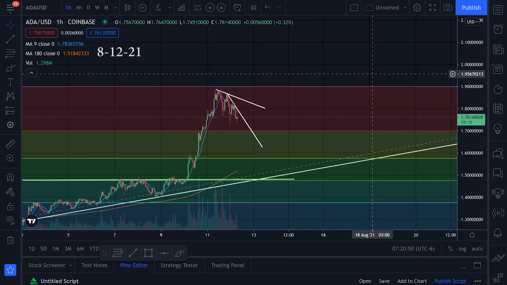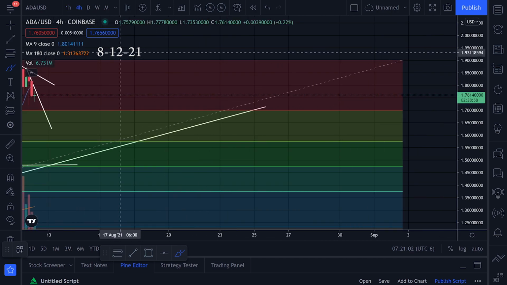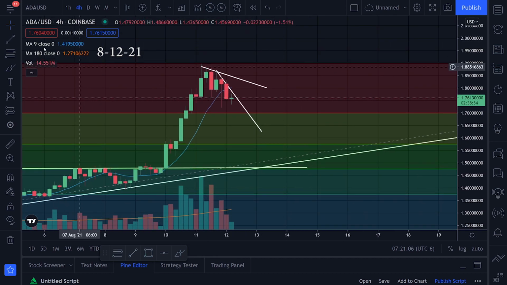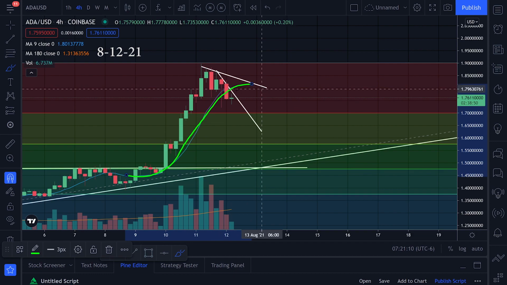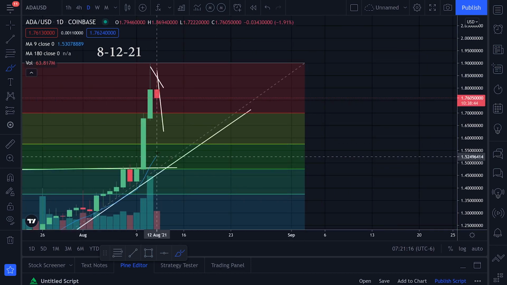I kind of stopped using them, but we actually broke the 9 moving average on the 4 hour time frame. The 9 moving average is right here, this blue line, and we actually broke below that. If you look on the daily time frame, we're still clearly above the 9 moving average, sitting at around 1.53.